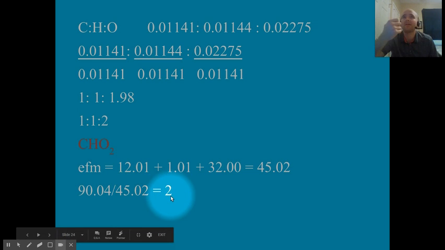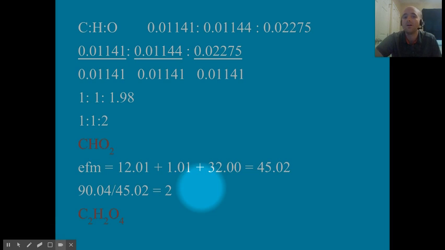This is my integer that will be applied to the empirical formula, so I will multiply every subscript in here by my answer, 2, and find my molecular formula of C2H2O4.